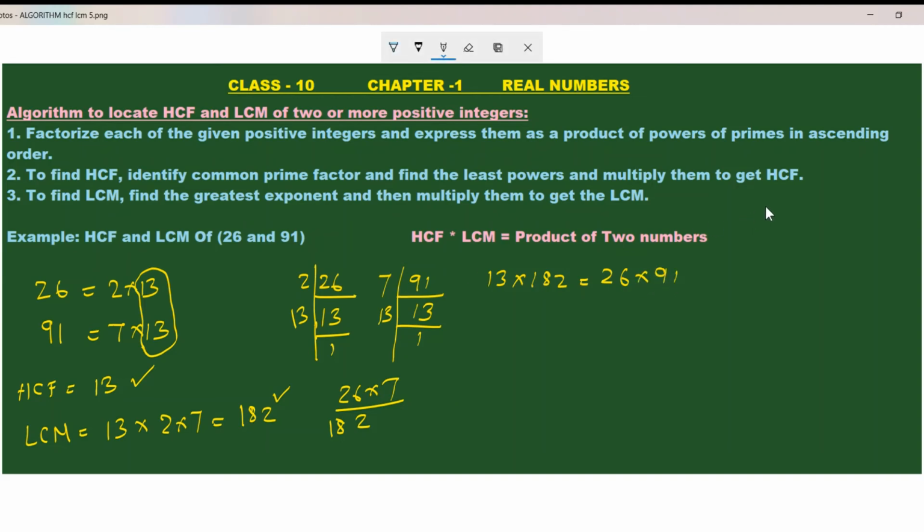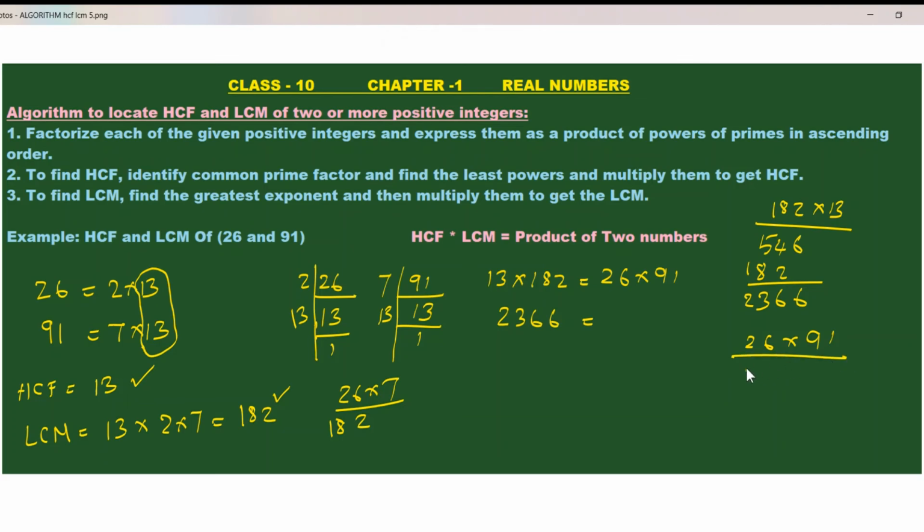Now we'll solve this one. 182 into 13 gives 2366. So the left hand side is 2366, which should be equivalent to 26 into 91, which is also 2366. So the left hand side is equivalent to the right hand side, hence we have proved.